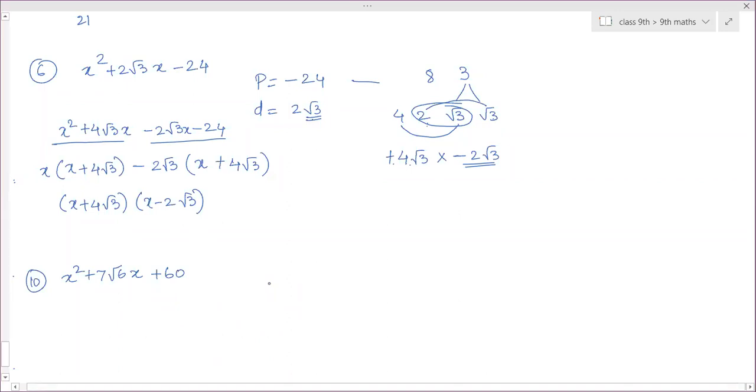This will come in the exam. You don't have square root numbers yet, but without explaining anything, they will start the same things in 10th, and the same questions will be asked in the 10th exam.